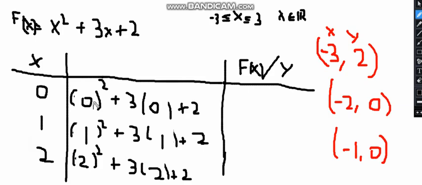So this is 0 squared is 0 plus 3 times 0 is 0 plus 2 is 2. 1 squared plus 3 times 1, so that's 1 plus 3 is 4, plus 2 is 6. And then 2 squared is 4, 3 times 2 is 6, so that's 10 plus 2 is 12.